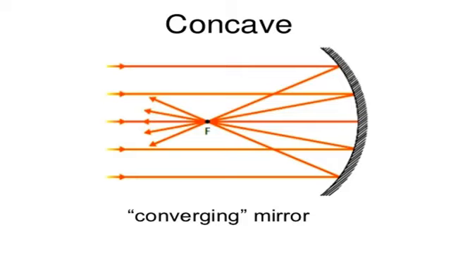Here, in the case of a concave mirror, all the incident rays which fall upon the reflective inner surface converge, intersect or meet at a point, making this mirror also called a converging mirror.